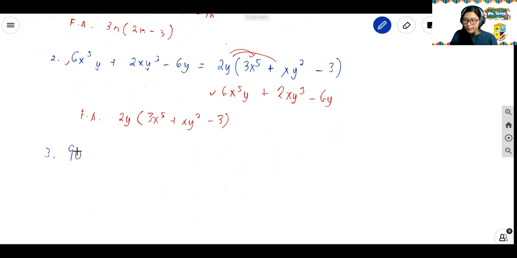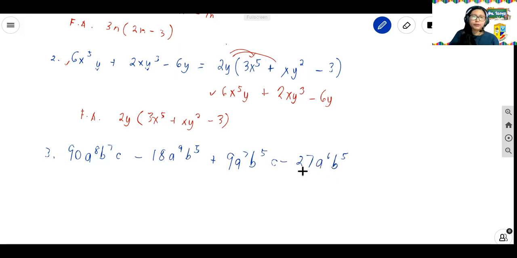We have there 90a to the 8 b to the 7 c minus 18 a to the 9 b to the fifth power plus 9 a to the 7 b to the fifth c minus 27 a to the 6 b to the fifth. Now, what is the common factor of all the numbers? We have 90, 18, 9, 27.